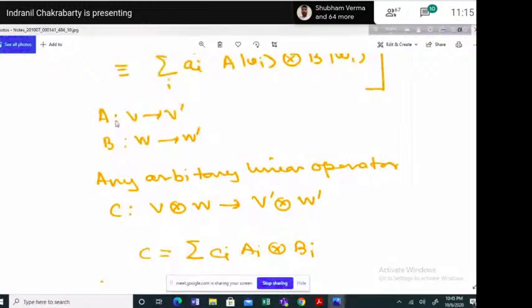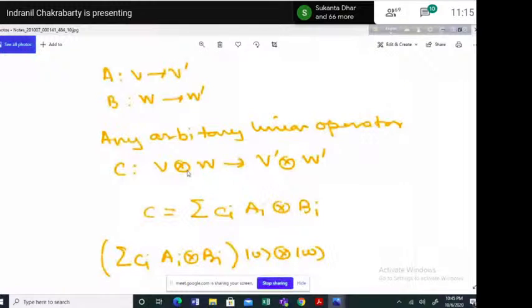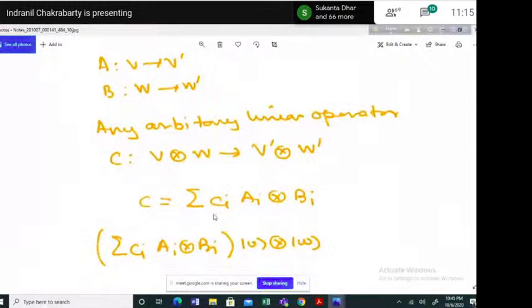Then if you think of A as a linear operator from V to another vector space V prime, and B as a linear operator from W to W prime, any arbitrary linear operator C from V cross W to V prime cross W prime can be written as a linear combination of these operators.